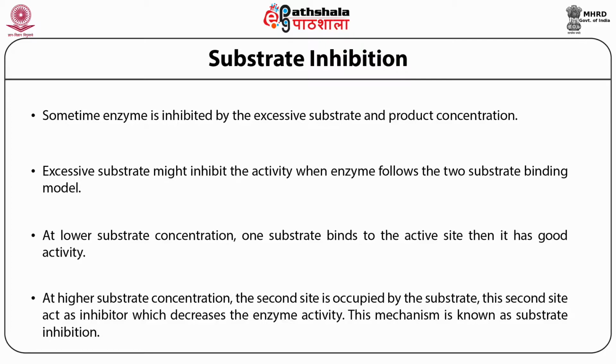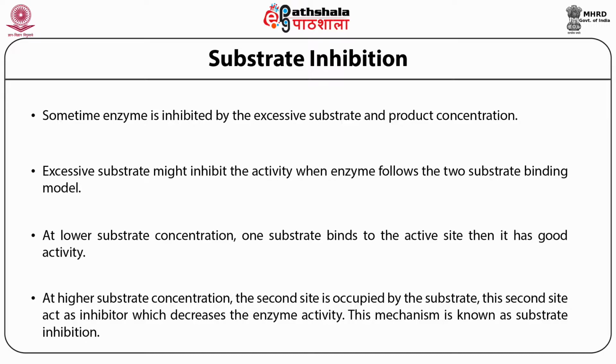When the product acts as an inhibitor, it is known as feedback inhibition, but when the substrate acts as an inhibitor, it is known as substrate inhibition. Feedback inhibition has more biological significance because it prevents excessive substrate from being used. But here, if your concentration of substrate is higher, then it will itself act as an inhibitor.